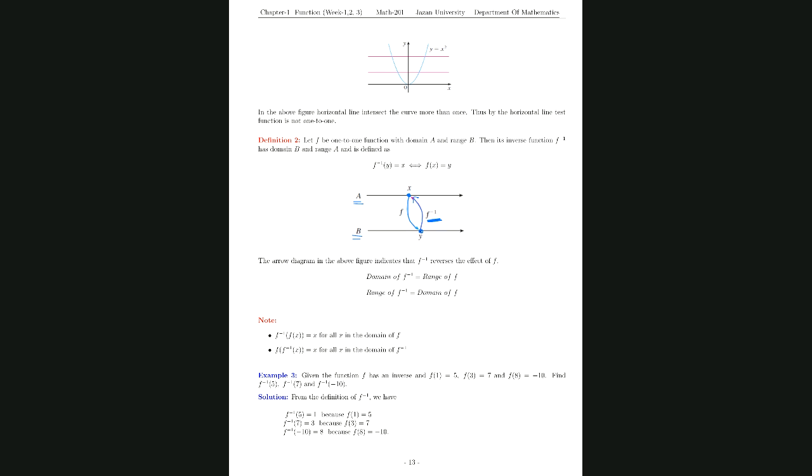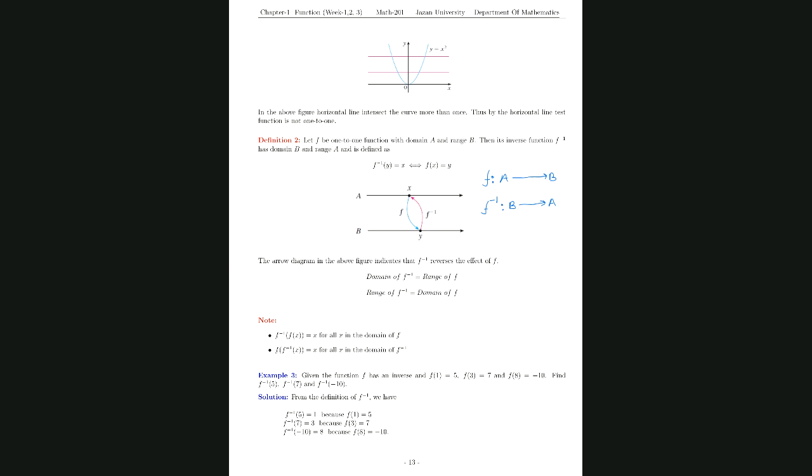So how to understand this f? Look, function f from set A to set B, right? And if this function is one-to-one, then the inverse exists, f power -1, and this goes from B to A, the opposite, B to A. This is the meaning.